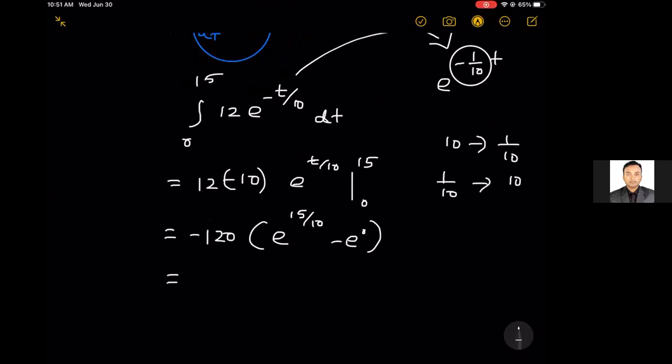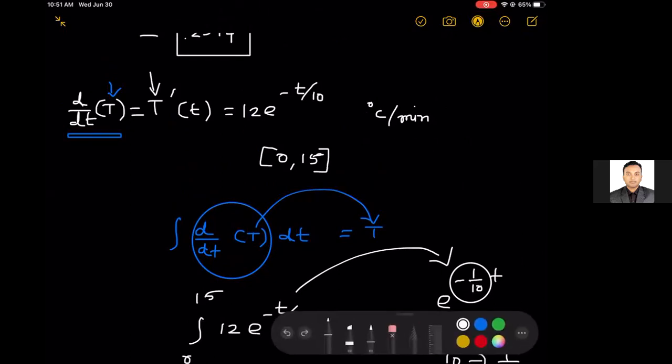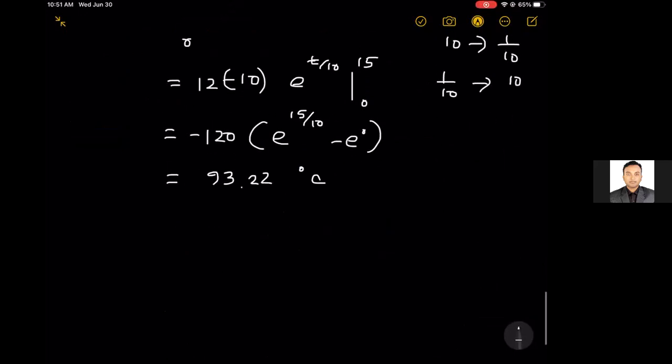And if you use your calculator, you'll get 93.22. And of course, it's in degrees Celsius because our unit for the rate of change was in degrees Celsius, right? So clearly, the temperature will be in degrees Celsius.